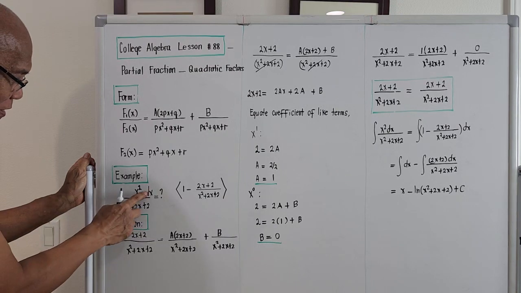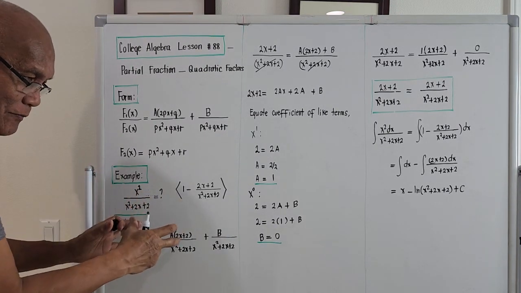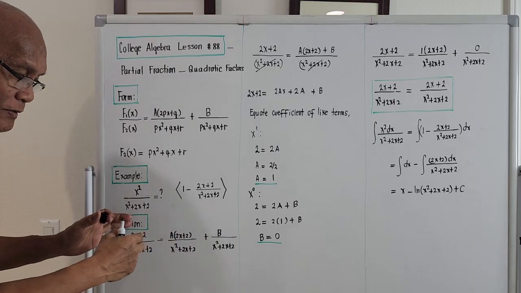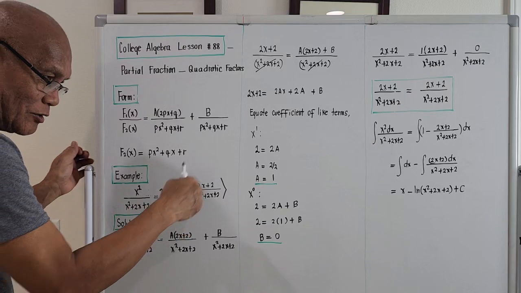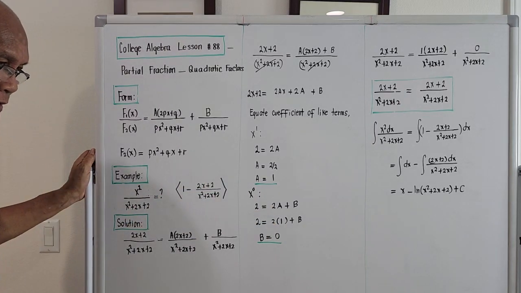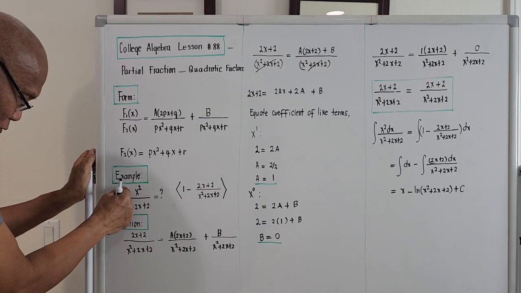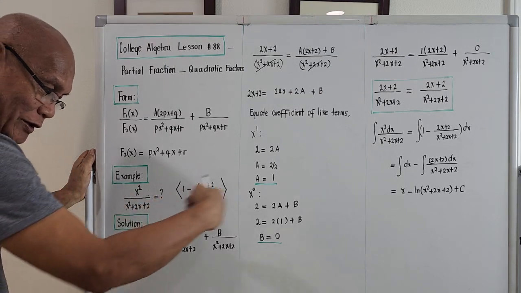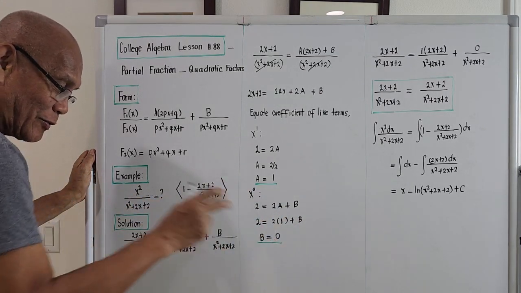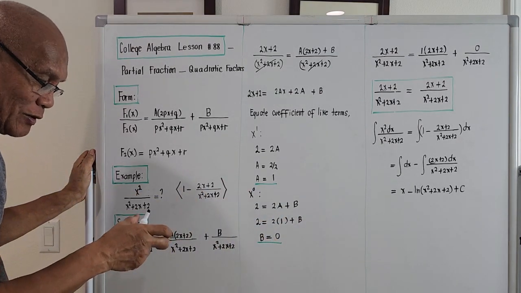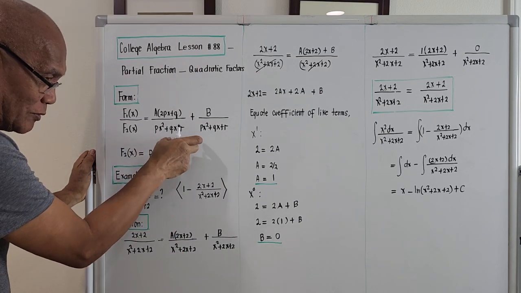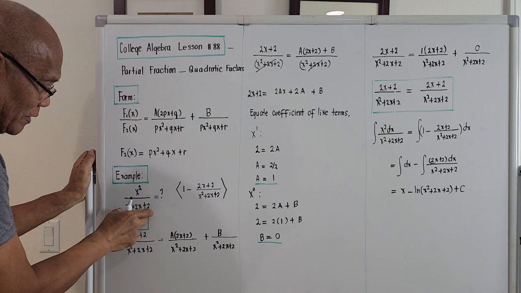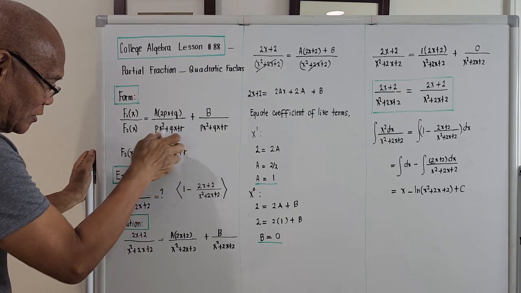I'm just correlating that this type of problem will point to the study of integral calculus. To integrate this one, on the integral side, we must take the quadratic factor equivalent on the right-hand side; we will convert this one to this form here.